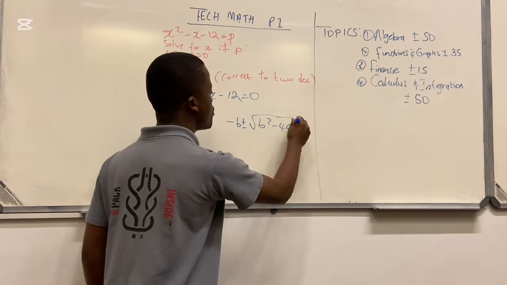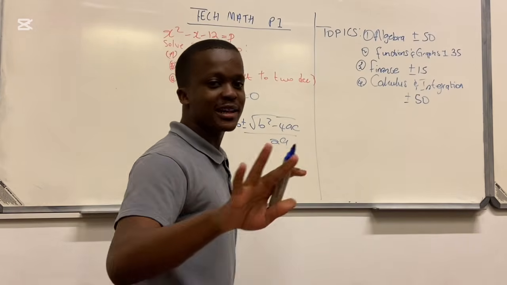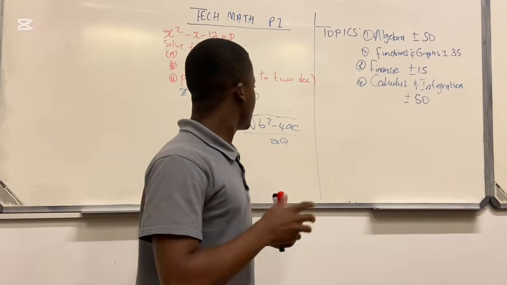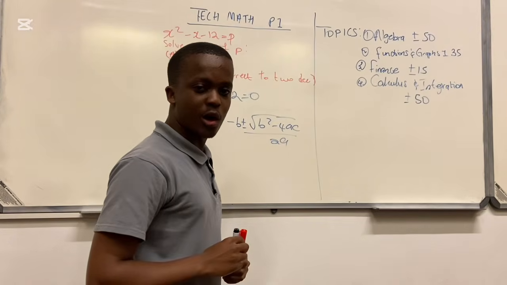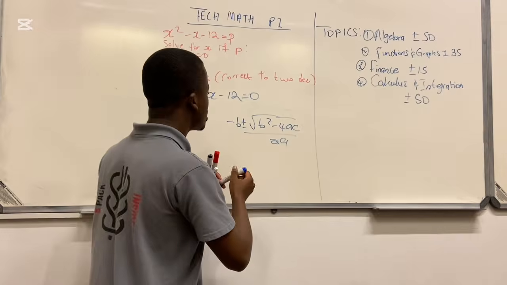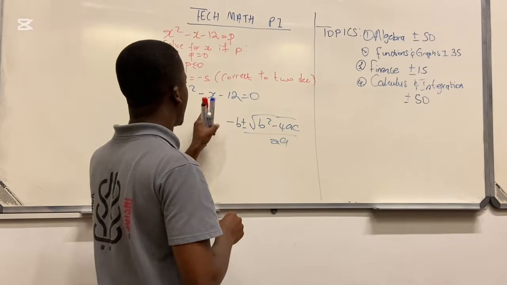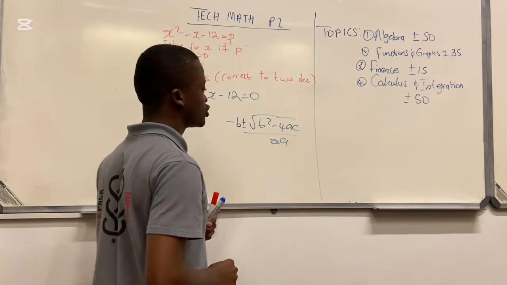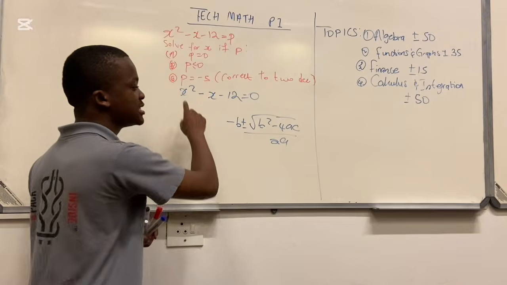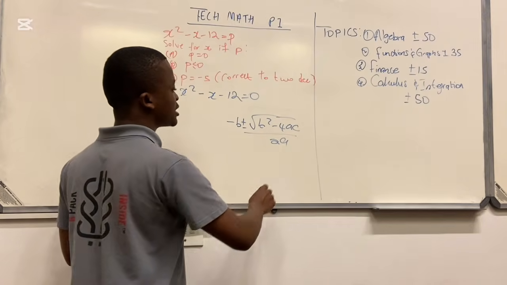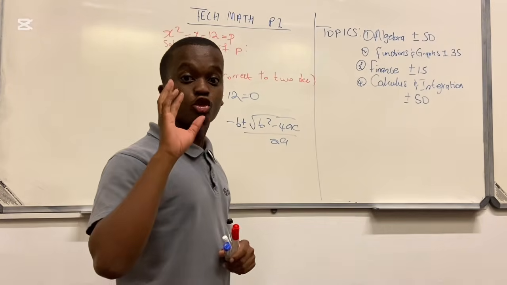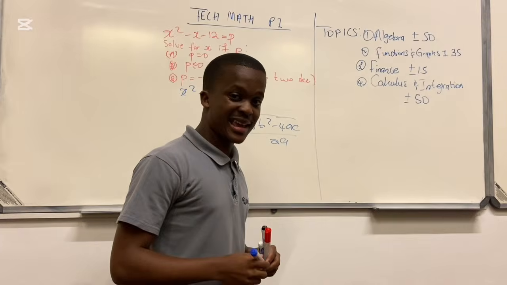Substitute positive 1 in place of a, negative 1 in place of b, and negative 12 in place of c. Then we'll get your factors.